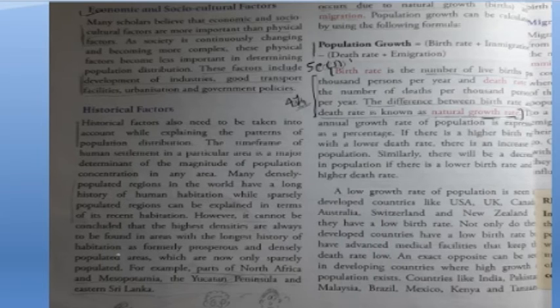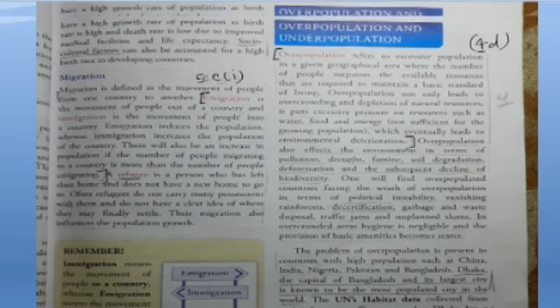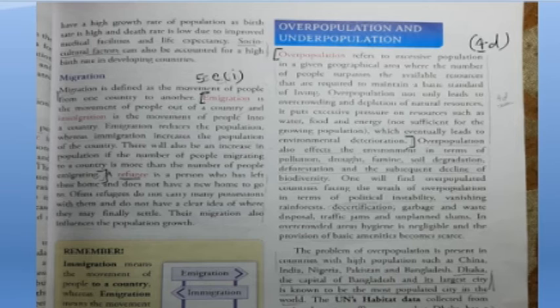Page number 23. This is overpopulation and underpopulation. Overpopulation, so write this complete.